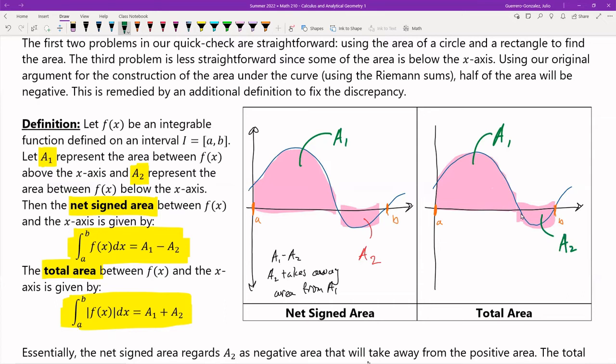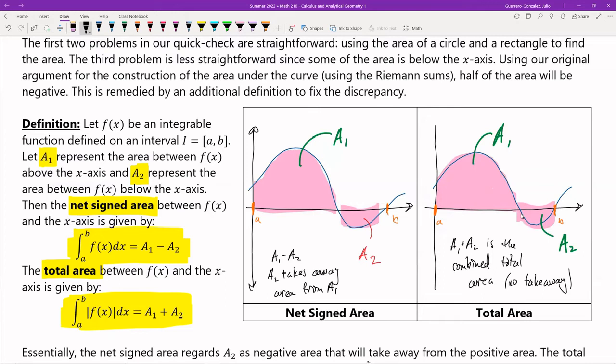But now, notice I drew them both in green. A1 plus A2 is the combined total area, right? I'm going to put no takeaway, right? It's the combined total area, no takeaway.